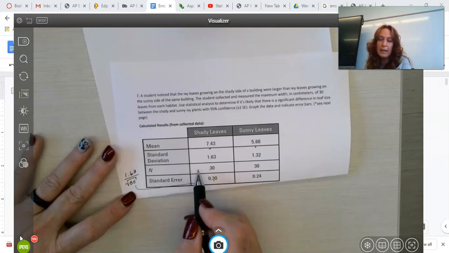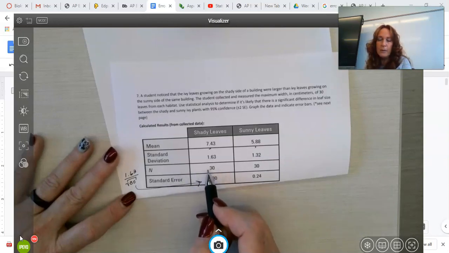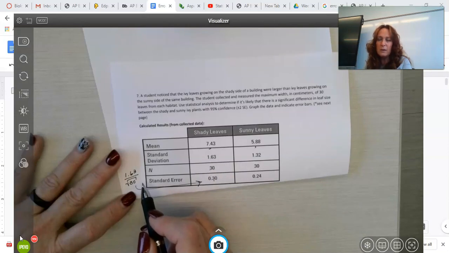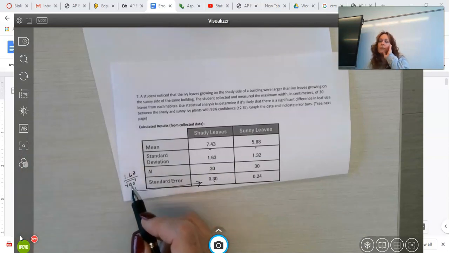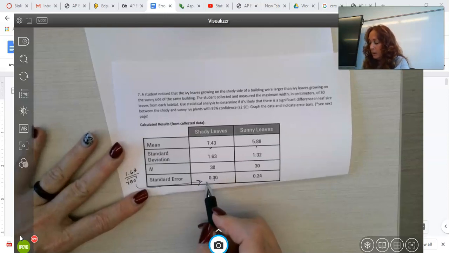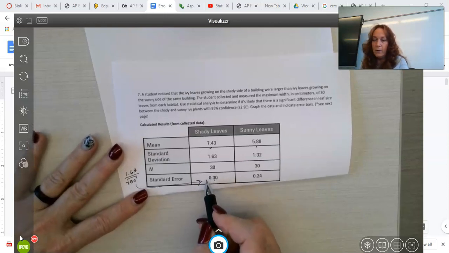Because what you're saying is, how different is your mean from the other mean in the group? Well, the more leaves that you measure, the more you're going to be like the group, because the group's getting just huge. You're measuring more and more of the group. We have more information. So this is about your mean compared to other means.